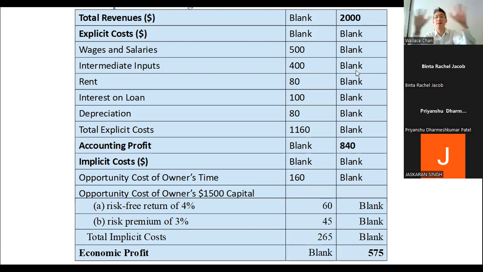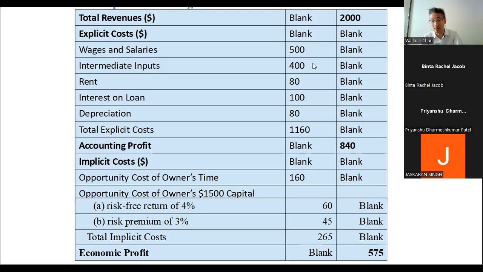Sorry, let me correct myself. The first column summarizes the explicit costs, and also the implicit costs. The second column is only to show you the result of the calculation.